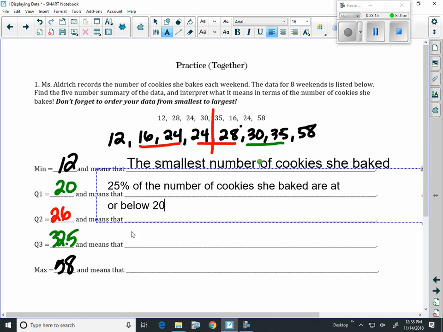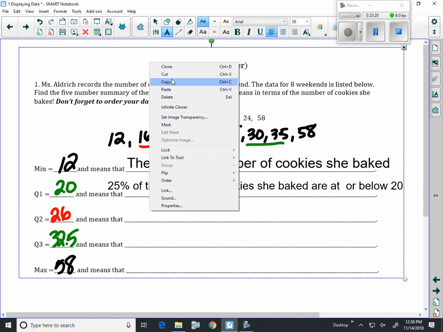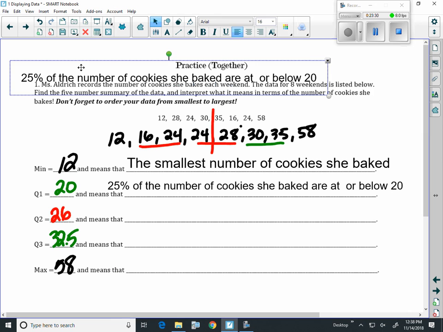Now, what's our next one? 50% of the number of cookies she baked are at or below 26.